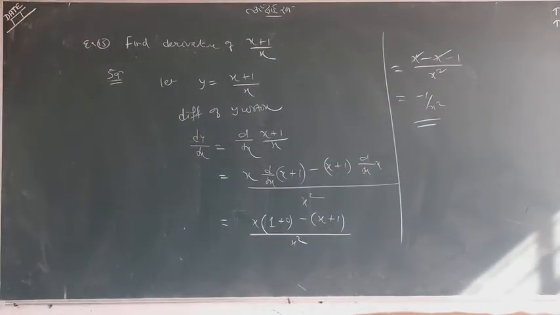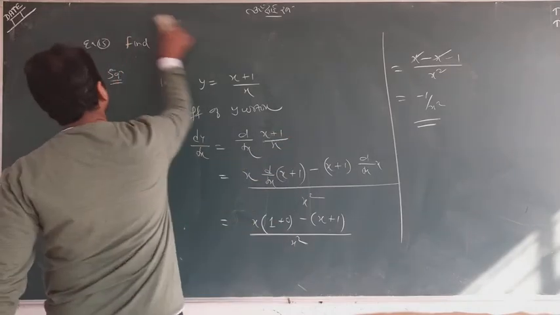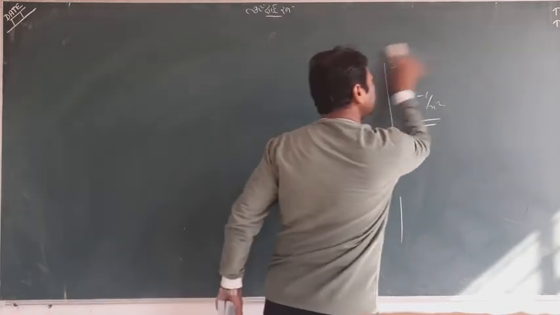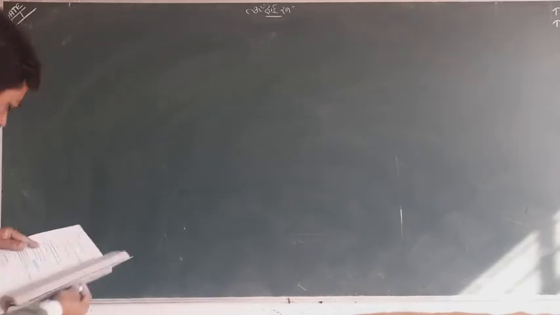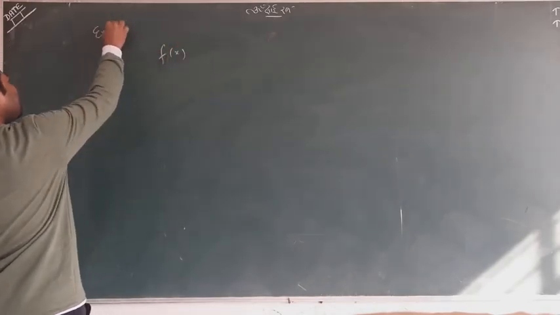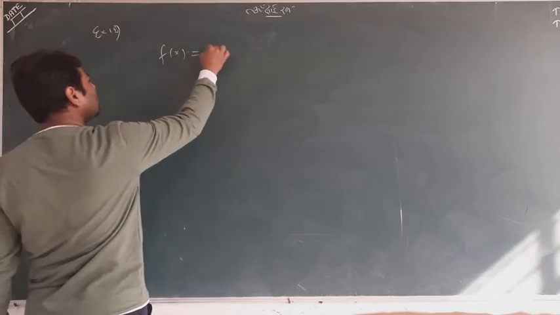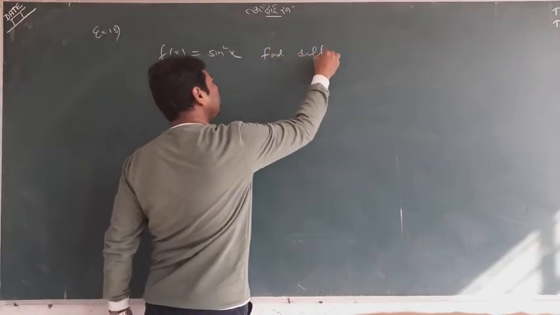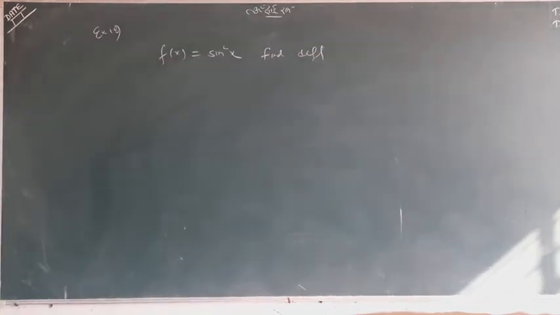So okay, we have a little time, so I can explain the last example from my side, and then you will be independent to do the exercise. The question is d by dx of, example number 18 guys, sine square x, and you are told to find the differentiation. So this is the question you are given.